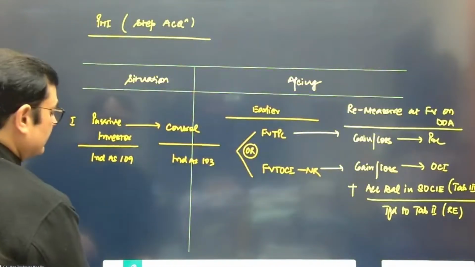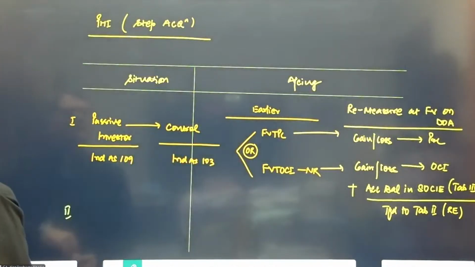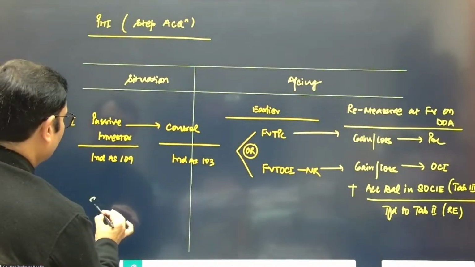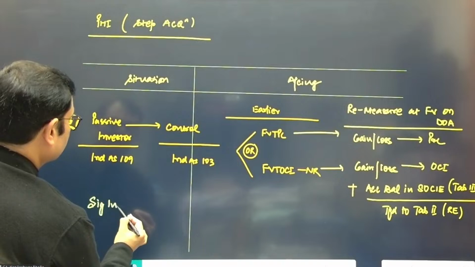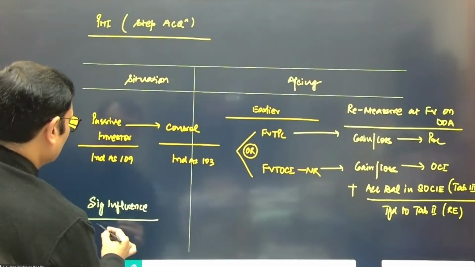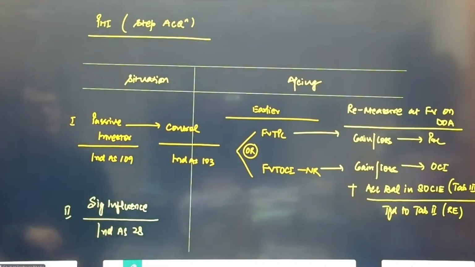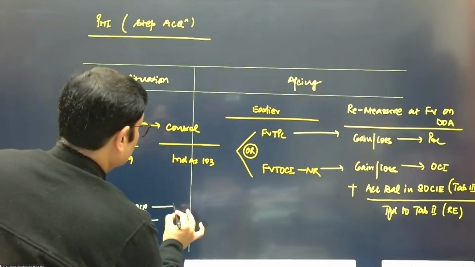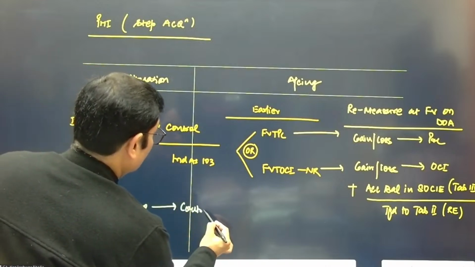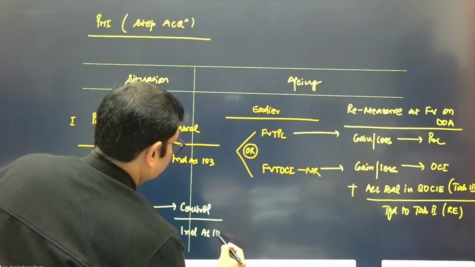Let's look at the second situation now. The second situation is that you were having a significant influence, which means you were applying Ind AS 28 because it was an associate. And now you are switching over to the concept of control, in which case again you're coming to Ind AS 103.